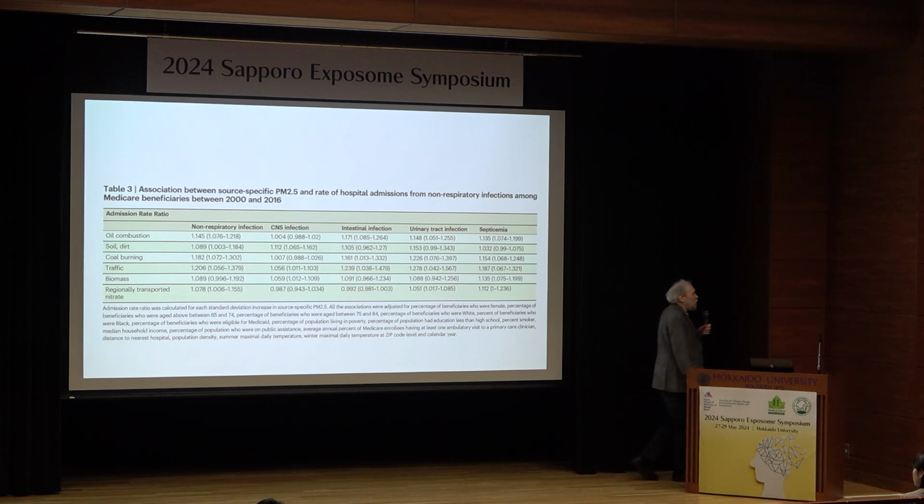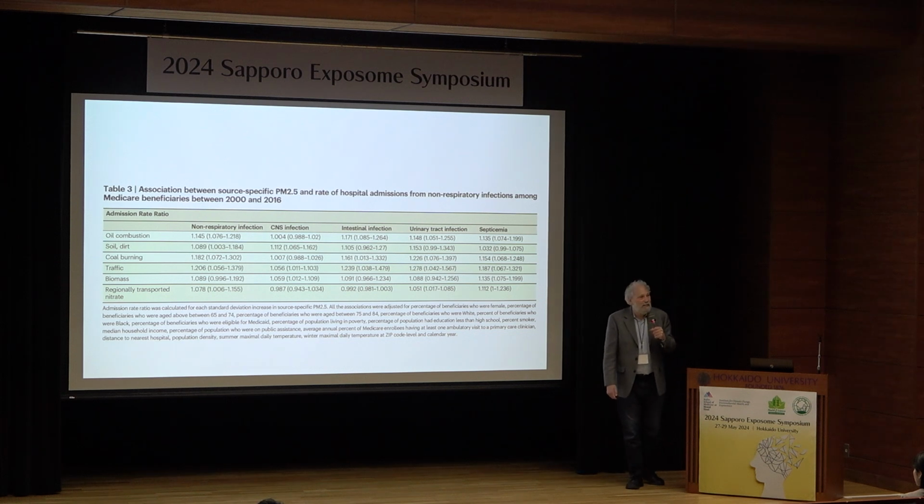So we said, well, why don't we turn this into looking not at individual components of particles, but at sources. So we used non-negative matrix factorization to try to identify factors which we could identify with certain sources and look at what the association was with the sources.